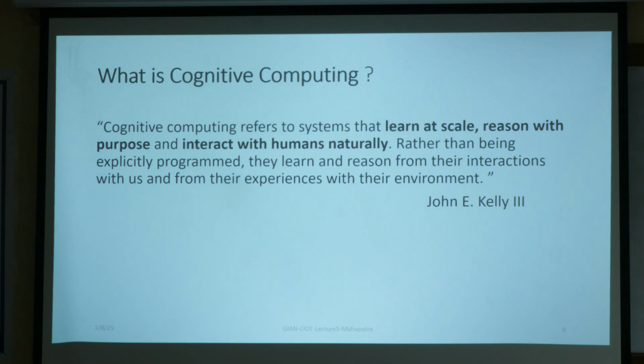Then it interacts naturally, like a human being, not machine to machine, but machine to human, as if it were human. Rather than being programmed, they learn and reason from their interaction, from their experience with their environment. This is a definition John Kelly stated, and people liked it.